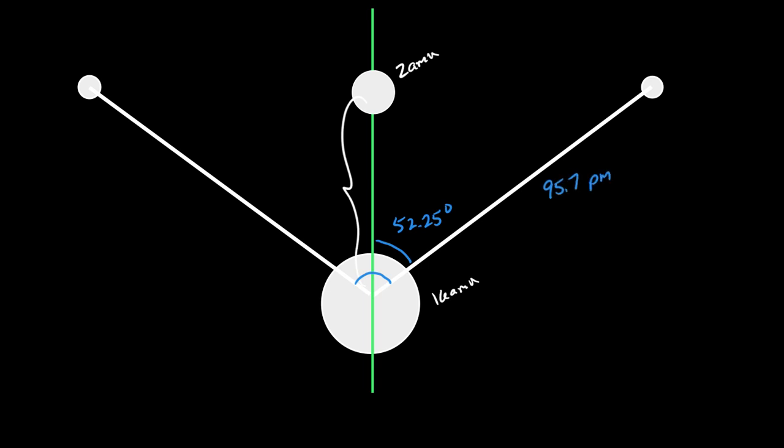Pico is 10 to the negative 12th, but I'm just going to leave it in terms of picometers for the whole problem. So this side from here to here, that's just going to be based on the sine. I'm going to need you guys to help me out with this, but I'll call this based on the cosine. So the adjacent side there is 95.7 cosine 52.5.